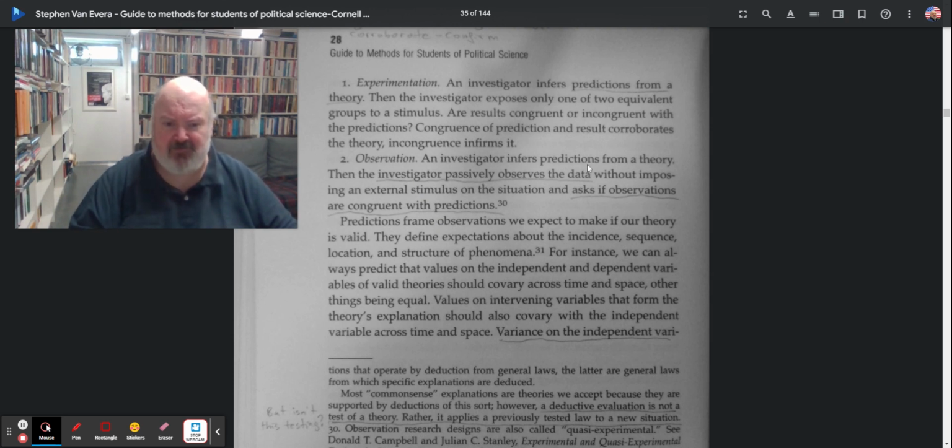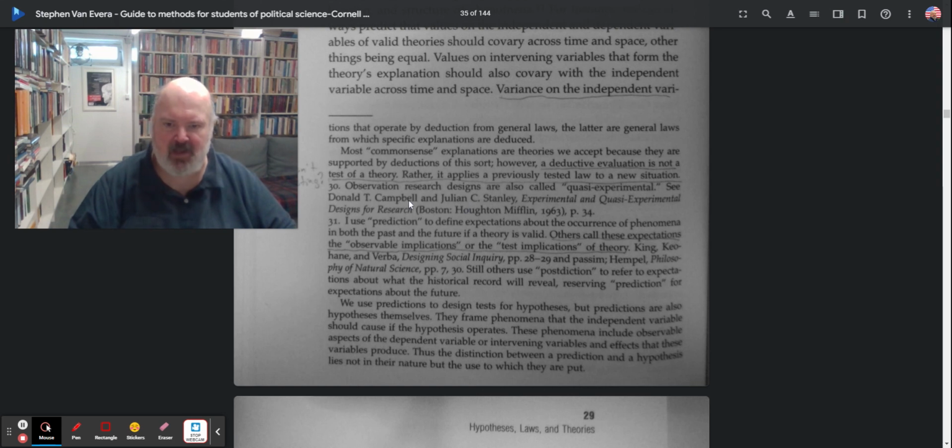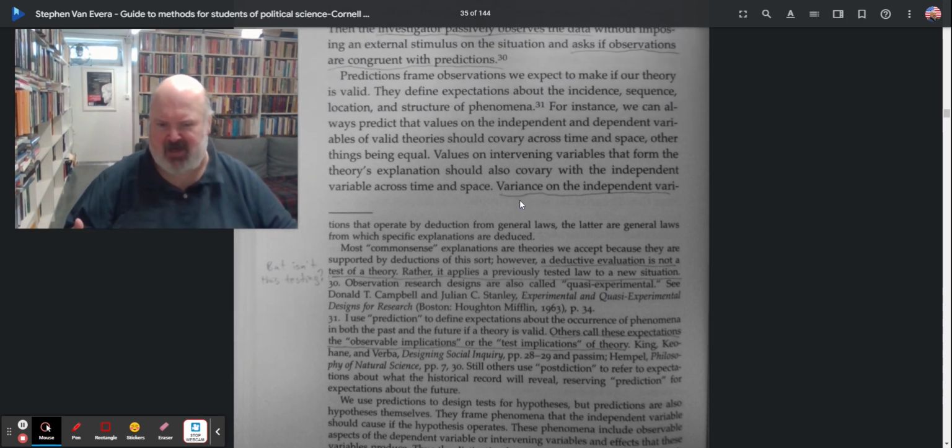An investigator infers predictions from a theory. The investigator passively observes the data without imposing an external stimulus on a situation and asks for observations that are congruent with the predictions. Now, observational research designs are also called quasi-experimental. People say, oh, it's not really an experiment, it's quasi-experimental.